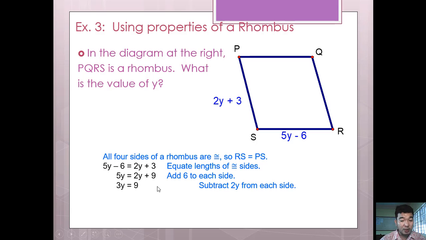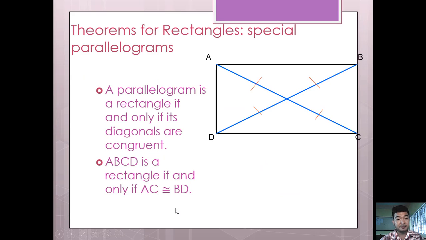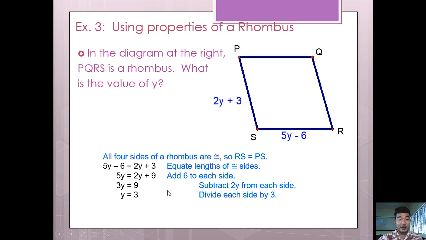And then, subtract 2y from each side. We'll be having 3y equals 9 because 5y minus 2y is 3y. Then, divide each side by 3. You will be having the value of y which is equal to 3. Since 3y divided by 3 is y, then 9 divided by 3 is 3. So that's the value of y there, 3.